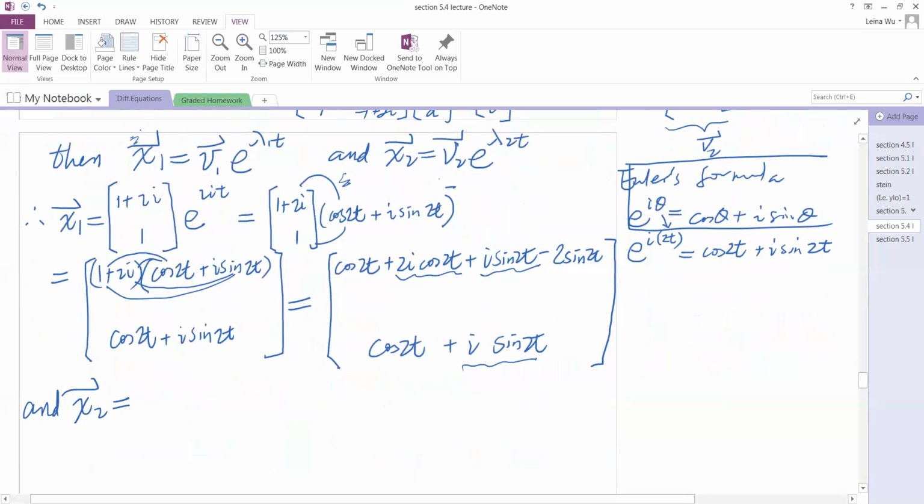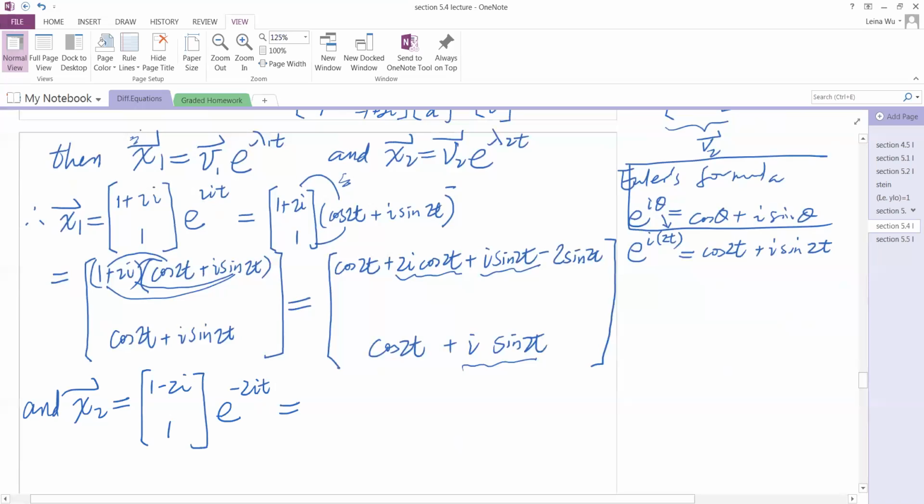The x2 vector would be v2, right? So v2 would be 1 minus 2i, 1, e raised to the negative 2it. Is that good?